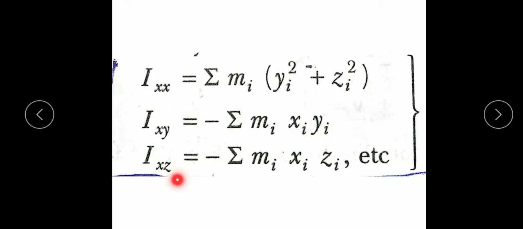Similarly, Ixz is minus summation mi xi zi. That means that particular mass would be at a certain distance from the x-axis as well as from the z-axis. So these are the formulas for moments of inertia.